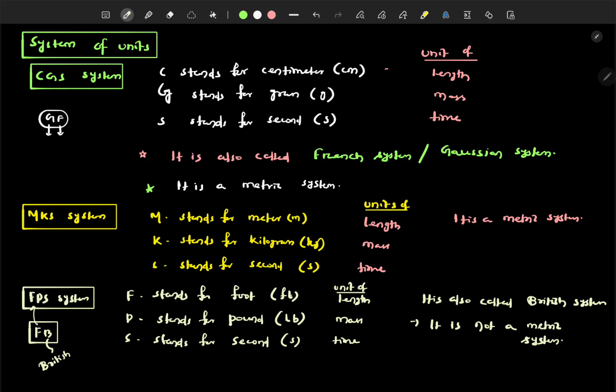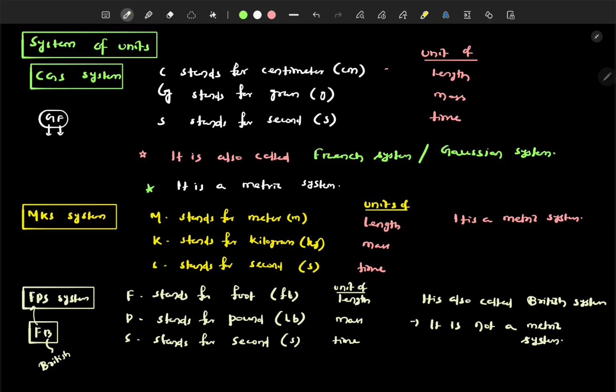So to avoid this difficulty, there is another system of unit called the SI system of unit. SI units are accepted all over the world. As per the General Conference of Weights and Measures, established in 1971, there are 7 base units, that is your SI units.